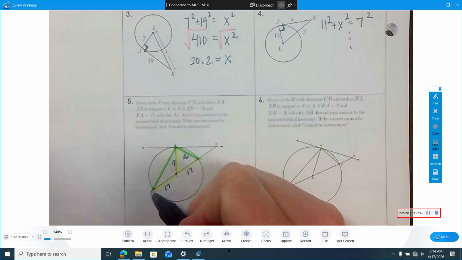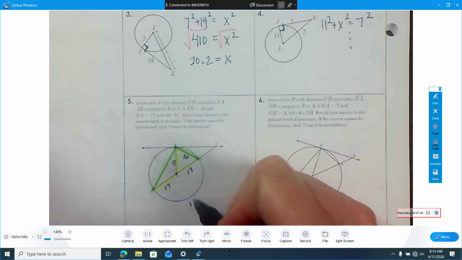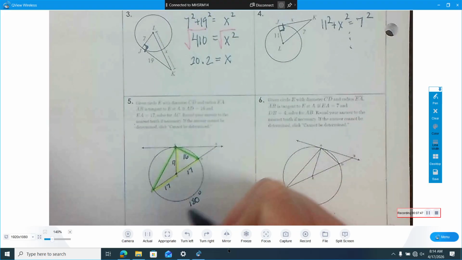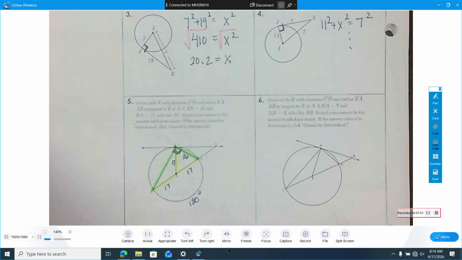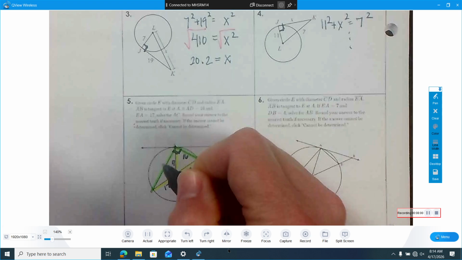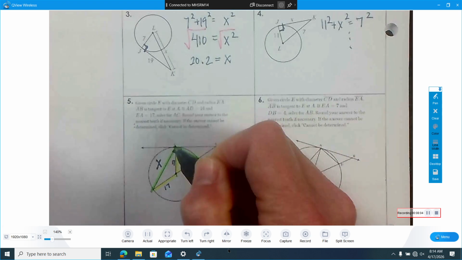Because we have a diameter, we know that there's 180 degrees on this arc, so that angle is half. That angle is 90 degrees. And we want to figure out this side right here, AC. That's what I'm trying to figure out.